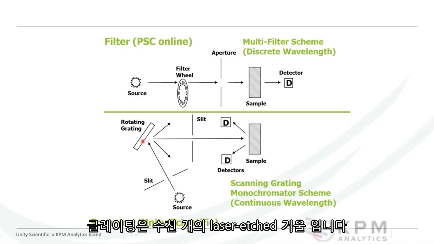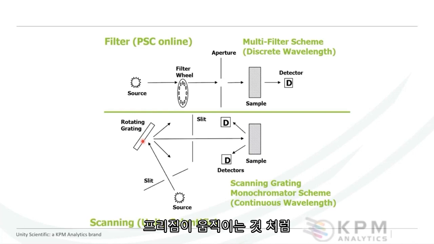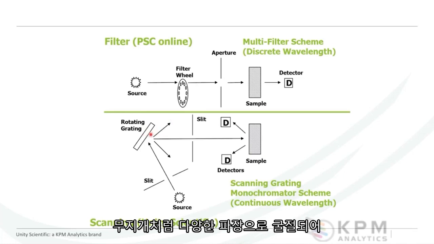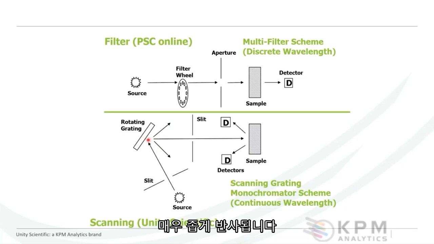This grating has thousands of laser etched lines. You can think of them as tiny prisms. As this grating moves, the light that is impinging on the grating hits those lines, and it's diffracted into various wavelengths, like a rainbow.